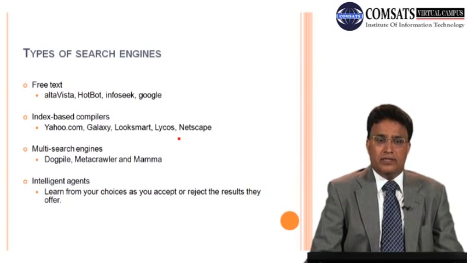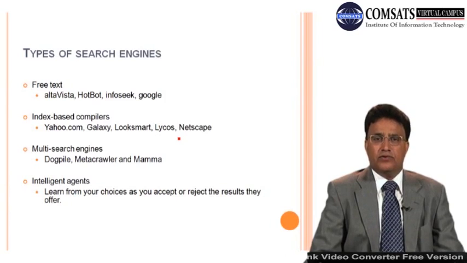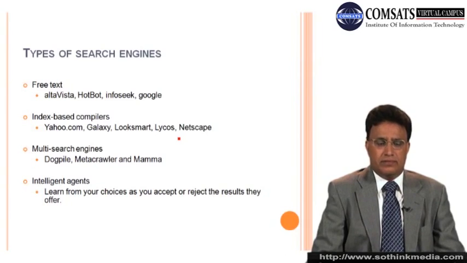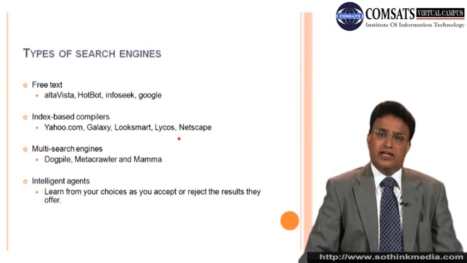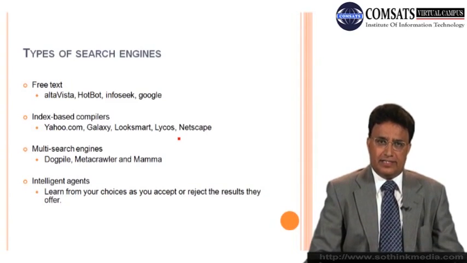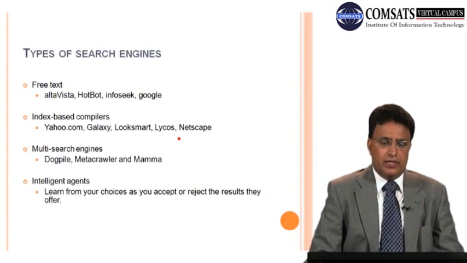The first one is free text, text which is freely available, where you can just write a few words or phrases and it will appear in a large number of references. That free text can be accessed by using some of the search engines which I have noted here.